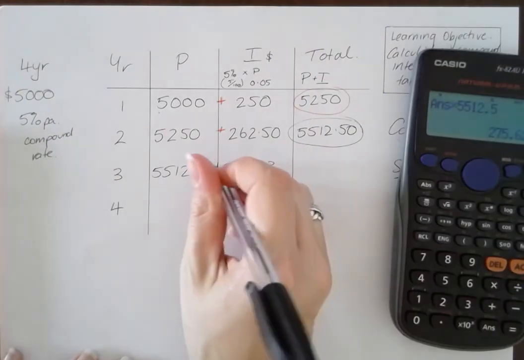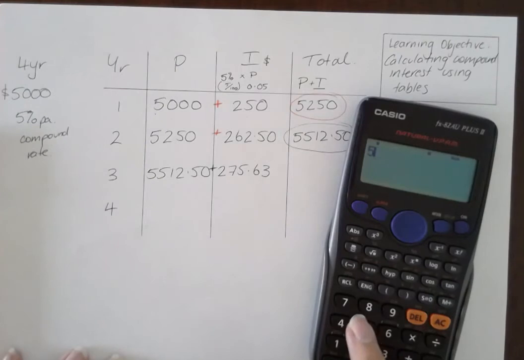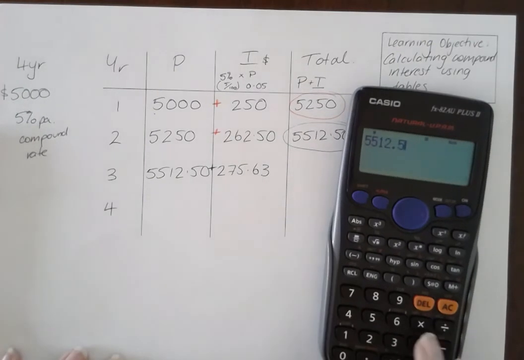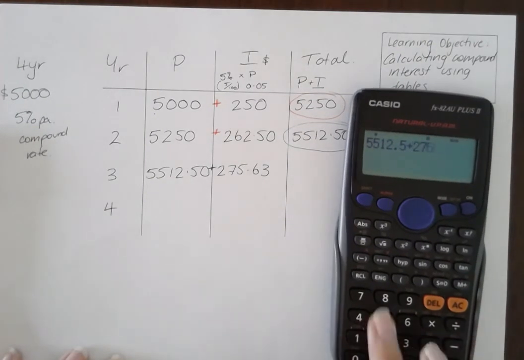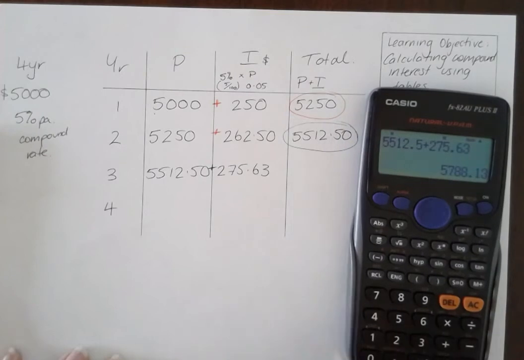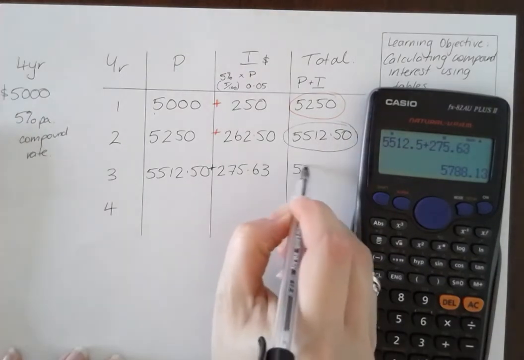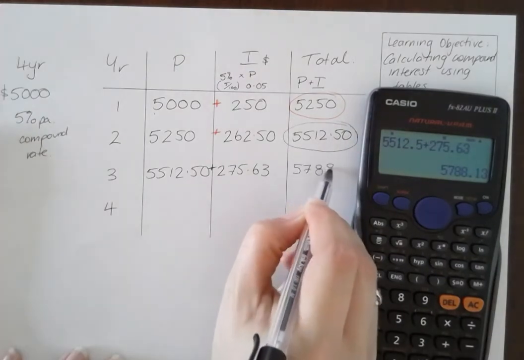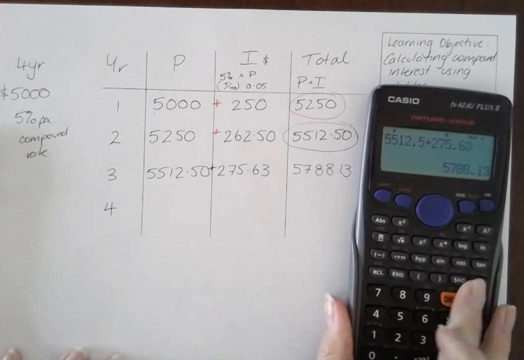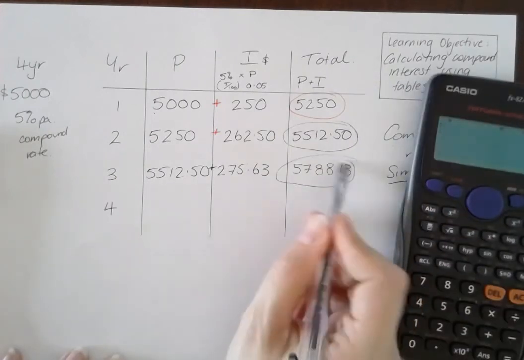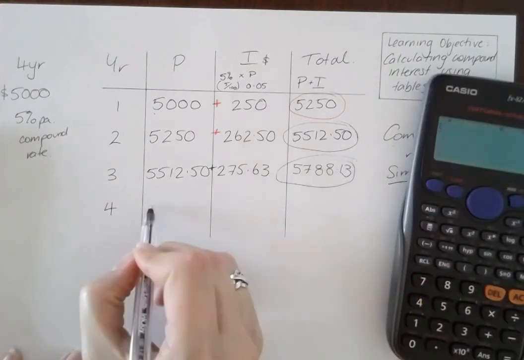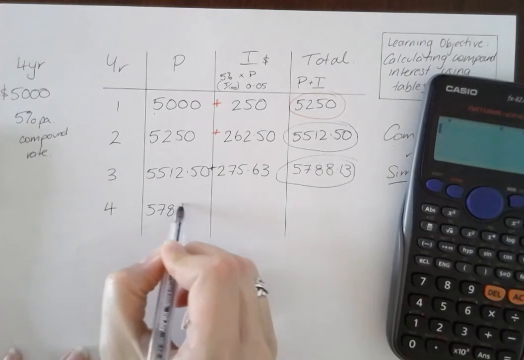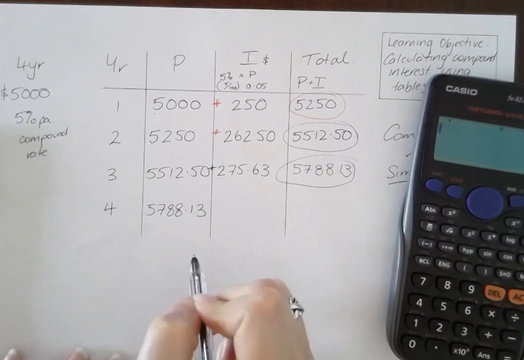Now we have to add them together. So 5512.5 plus 275.63. Alright, so our value now is 5788.13. Remember, this is at the end of the third year, and it's going to start there at the beginning of the next year. So this is our next number.